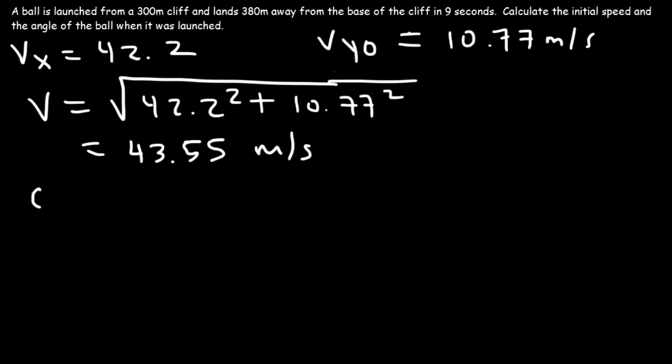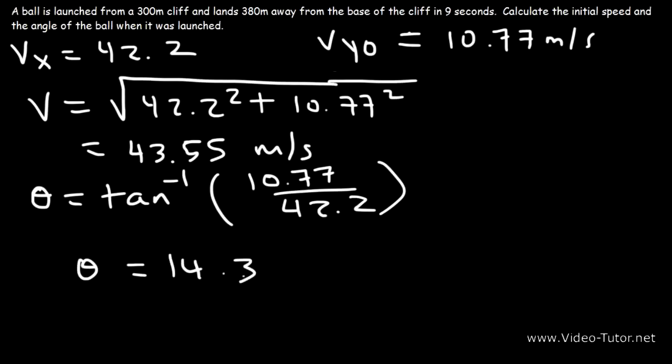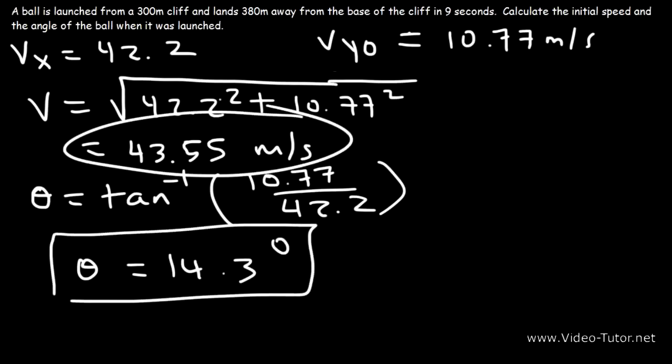So now the last thing that we need to do is find the angle. So it's going to be arctan Vy divided by Vx. And so that's going to be 14.31, or just 14.3 degrees. And so that's the angle. And here's the speed. And so that's basically it for this video.